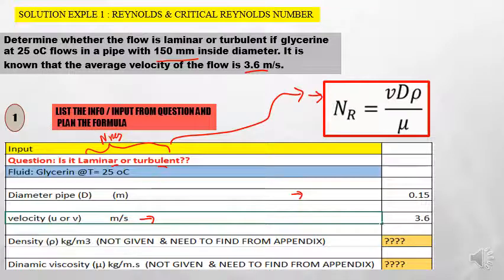Density and viscosity are not provided, but this info is needed to solve the equation. However, the question did provide information about the fluid, which is glycerin flowing at 25 degrees C. That means you can get these two pieces of information from the appendix table.